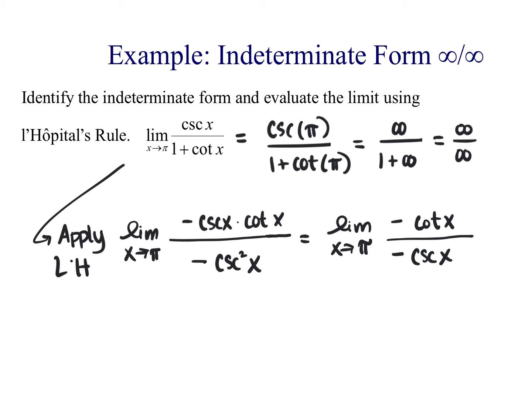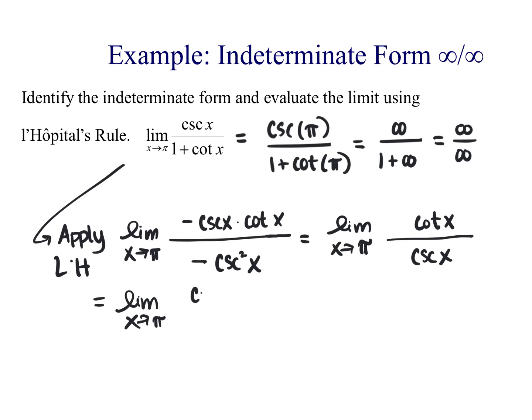We're going to want to reduce the negatives as well. Is there anything else we can reduce? All right, what is cotangent? Cosine over sine. What's cosecant? 1 over sine. If you don't reduce, you'll get stuck in a never-ending cycle, so you do need to reduce this.